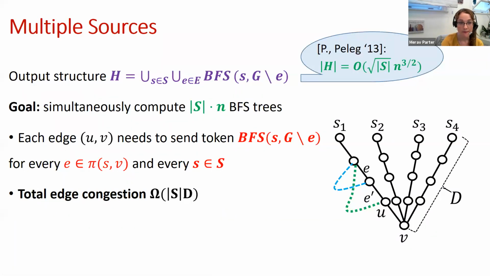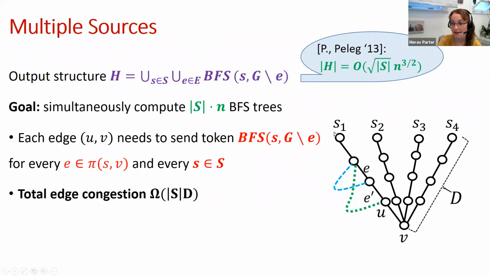So now when considering multiple sources, I would like to break this S times D barrier, okay? However, if you look again into the structure and you apply the same argument that we just had before for the single source setting, you can see that there might be the case that the node V is actually interested in learning the distances with respect to S times D many edges.